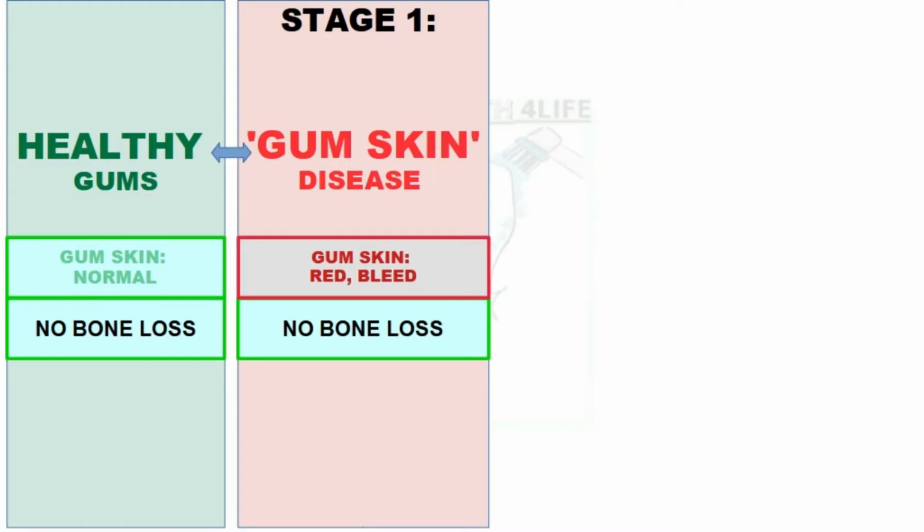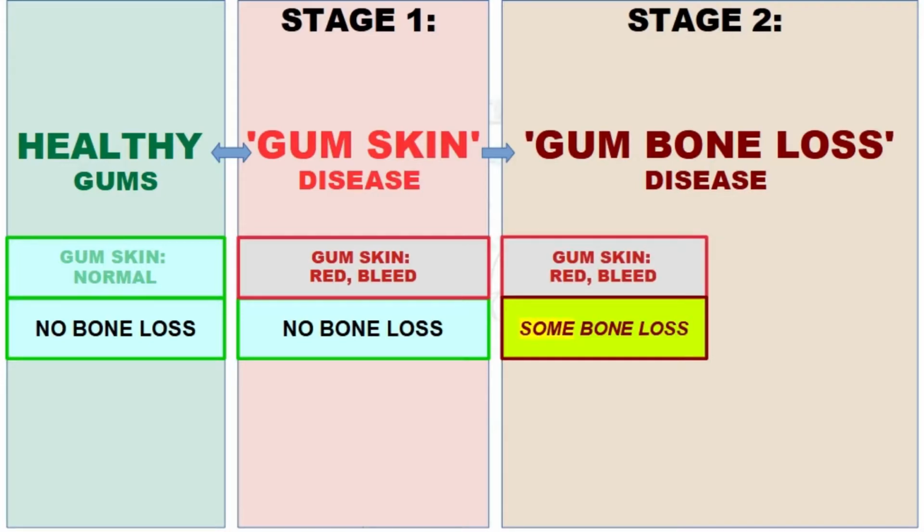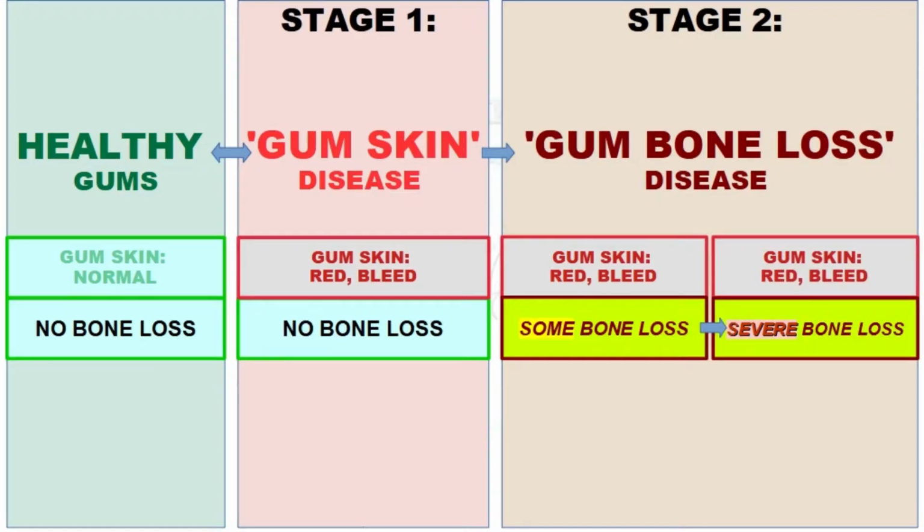Stage 2 is where you have bone loss: the gum skin is red, bleeding, and there is bone loss around the teeth. This goes from some bone loss and can progress to severe bone loss.